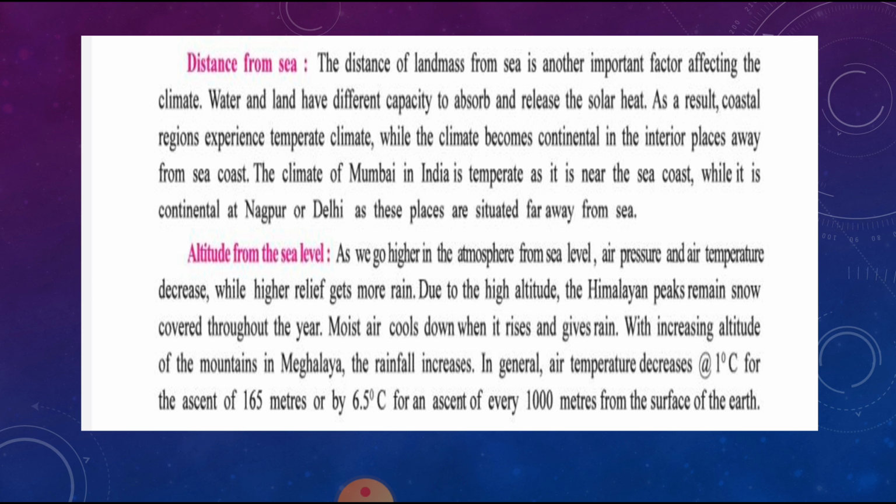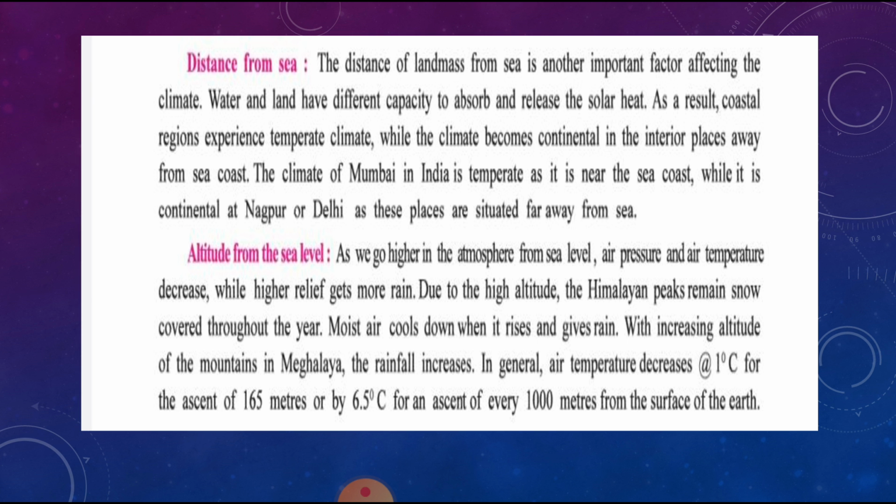See what is said here in the distance from sea: the distance of the landmass from sea is another important factor affecting the climate. Water and land have different capacity to conserve and to part with the solar heat. As a result, the coastal regions, that is the regions near the sea, experience temperate climate, which is neither very hot nor very cold.